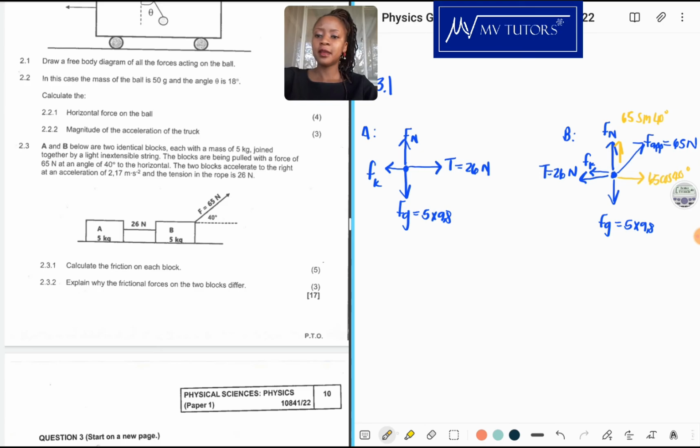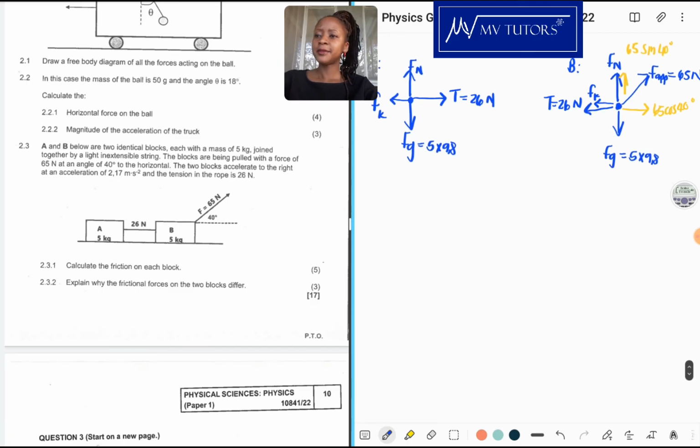Now let us calculate. That's why it's 5 marks. We are working here. So calculate the friction on each block. It would be easy for me to start with A. Let me just do this so that I can calculate on each side.